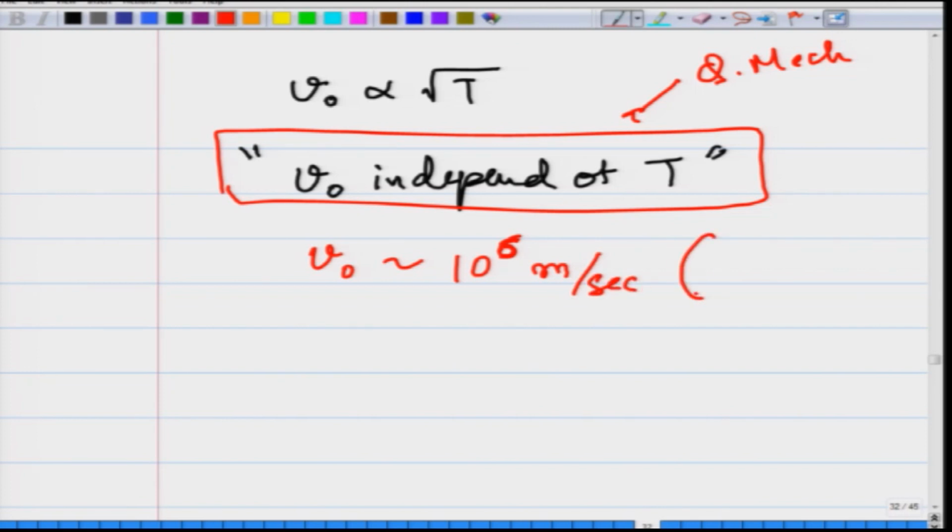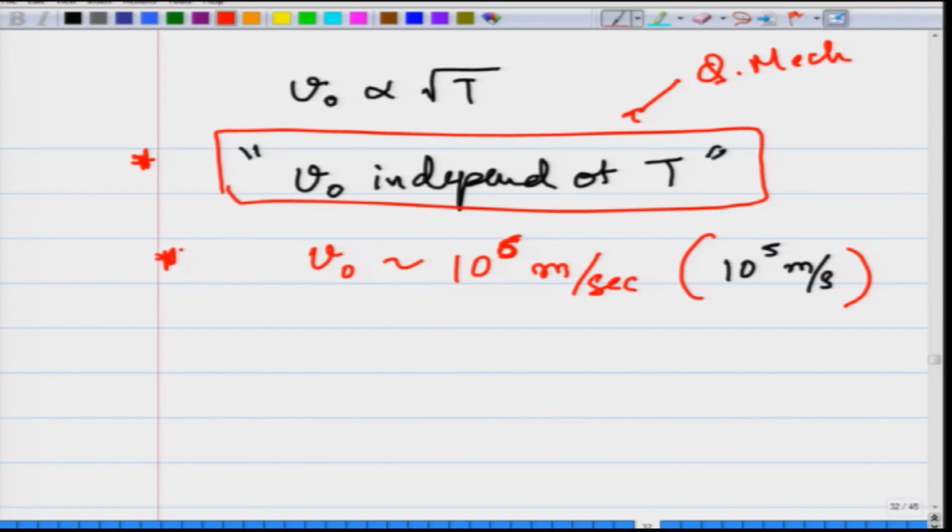And if you recall that using the Drude model of Maxwellian statistics, we had 10 raised to 5 meters per second. So, it is at least 10 times larger. There is a 10 times increase in V naught.